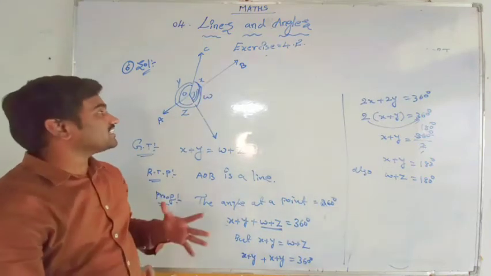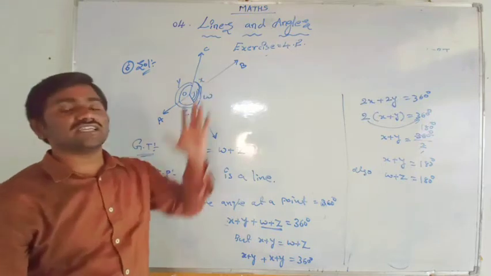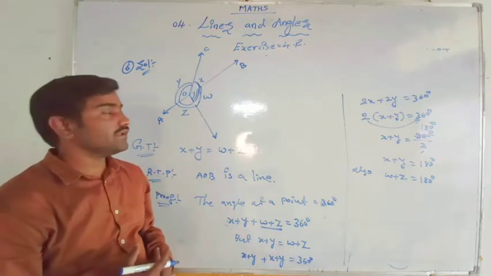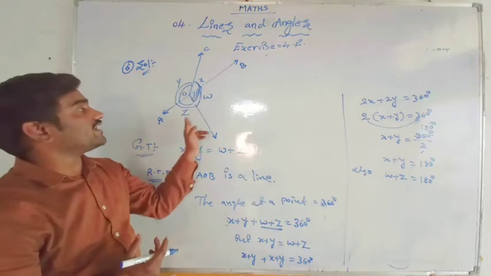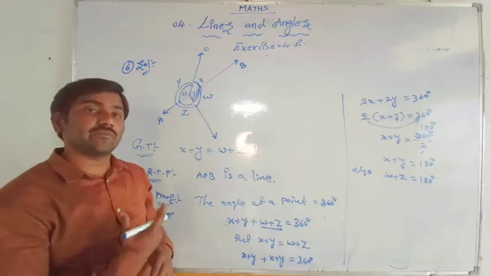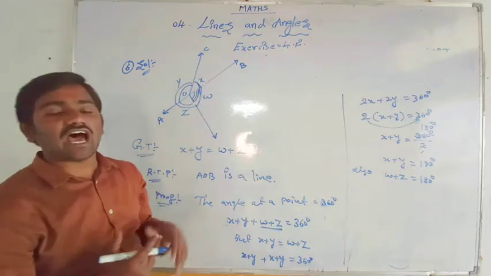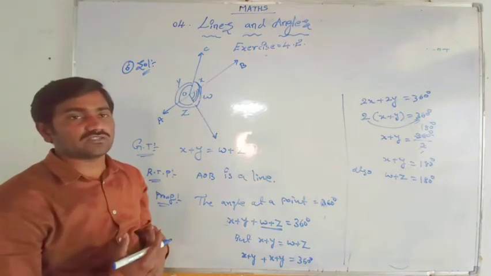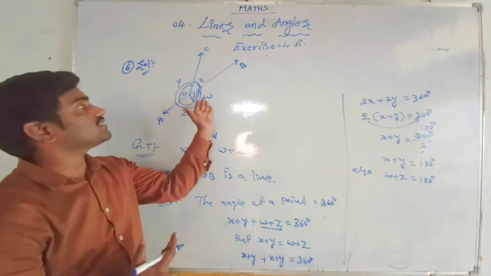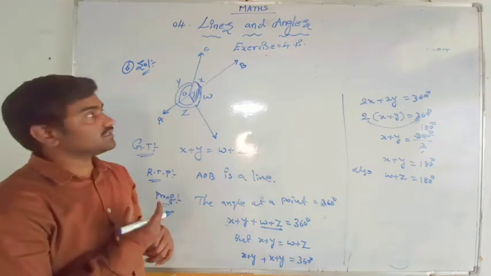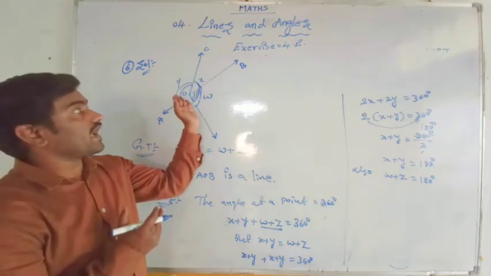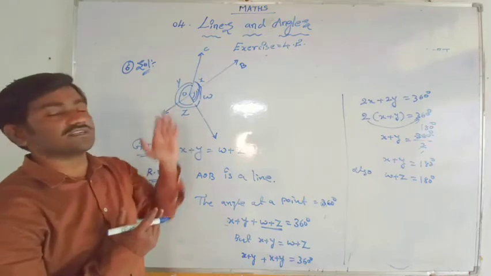That means it is clear that AOB is a straight line, and here x plus y and w plus z are known as linear pair angles. The linear pair angles have a sum of 180 degrees. The angles have one common arm and a common vertex.